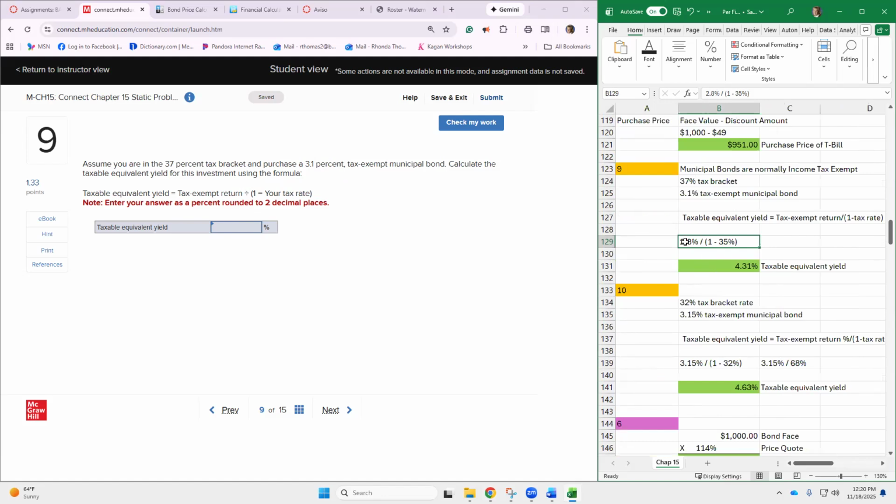So our bond is paying 3.1%. We're in the 37% tax bracket. So the denominator is 1 minus 37%. Okay, and so we're going to calculate this. You take 3.1 divided by 1 minus 37, right? Is what, 63? I think so.